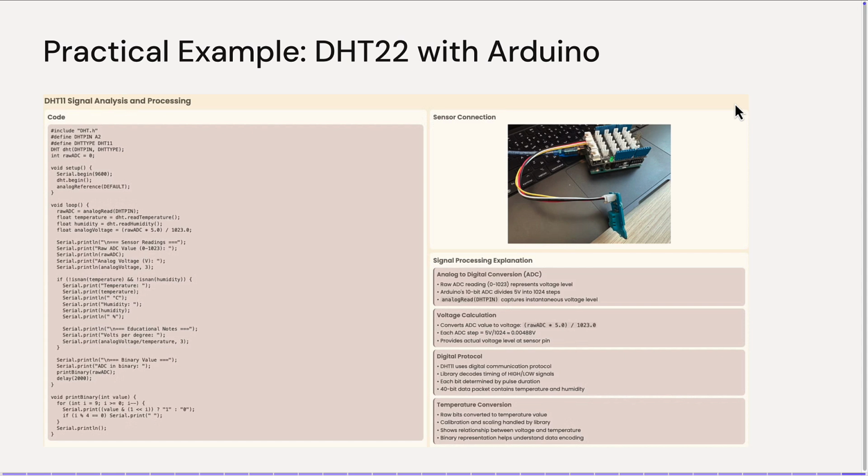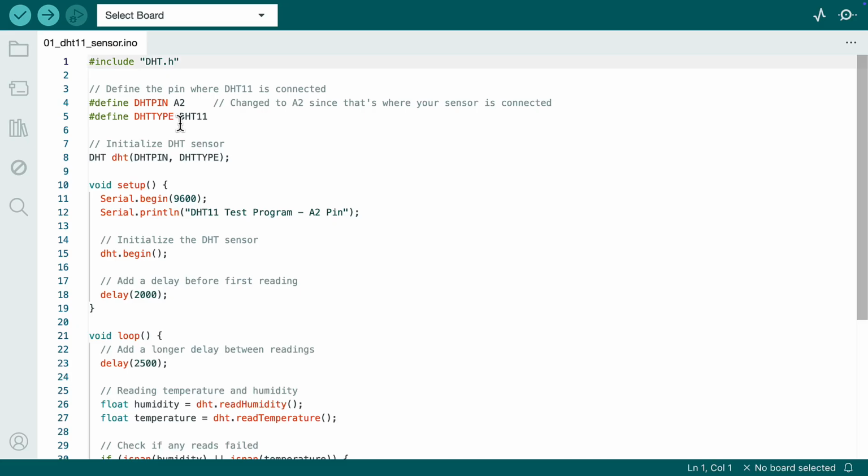Okay, so I will connect the sensor here. So let me allow. Okay, look now. This is connected on the pin A2. Okay, if I don't put the right pin here, you cannot read.